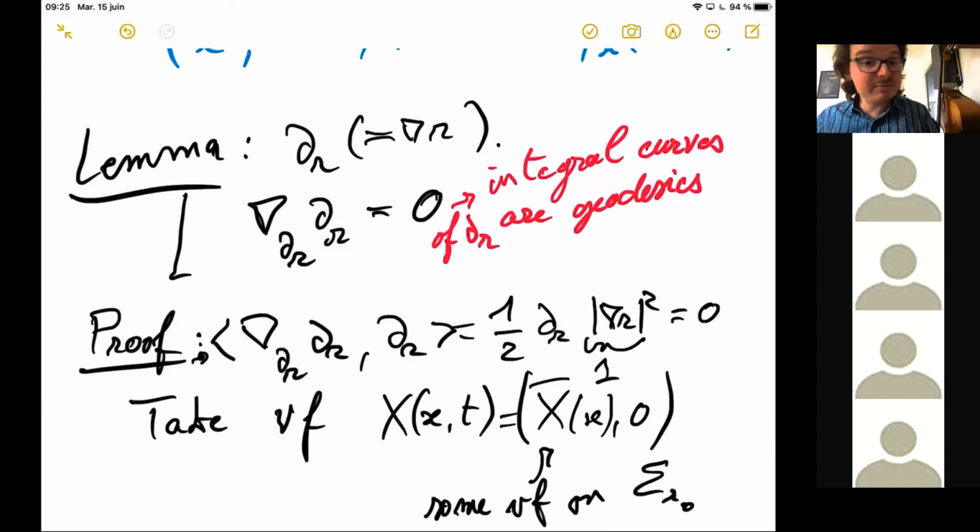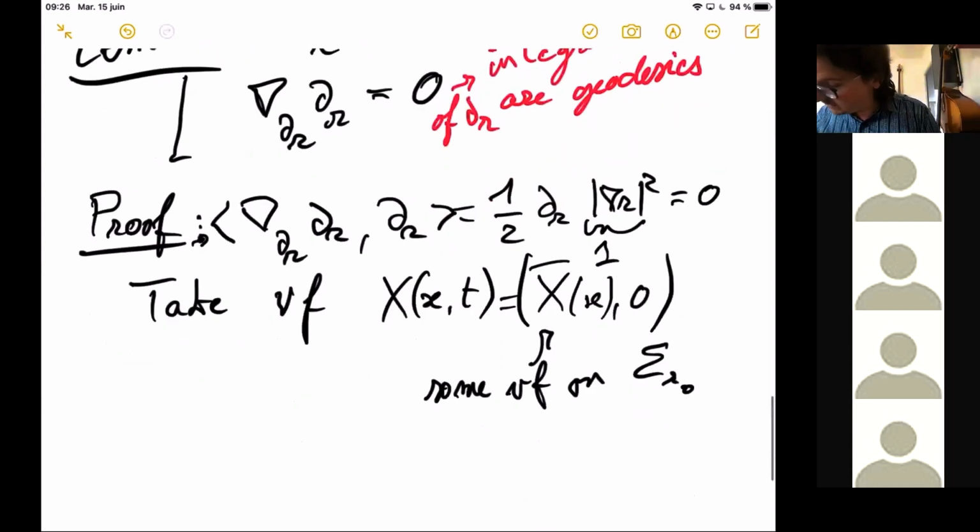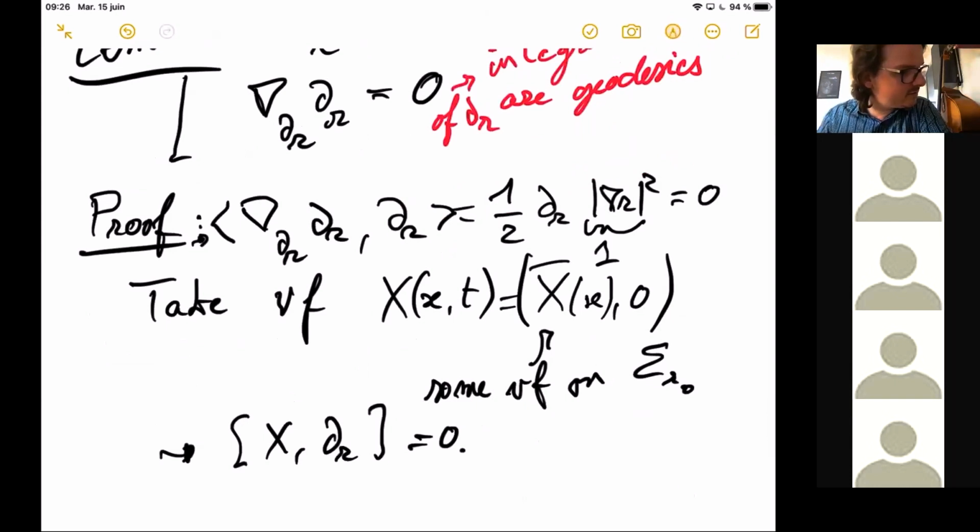And so this doesn't depend on the t coordinate. So the Lie bracket of X and my radial vector field will be 0.